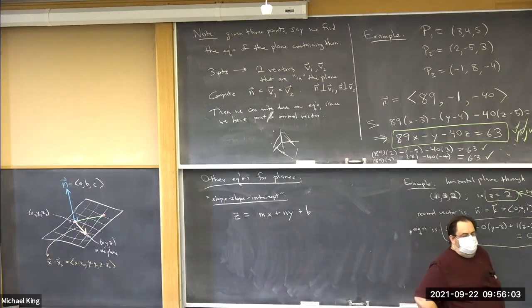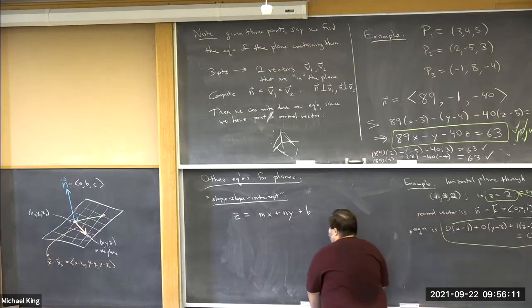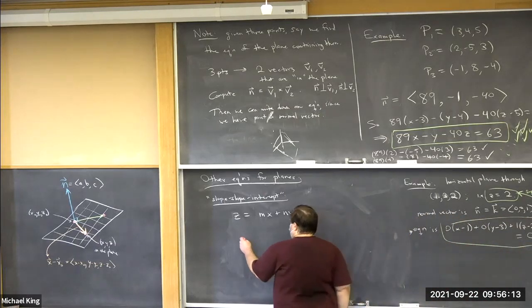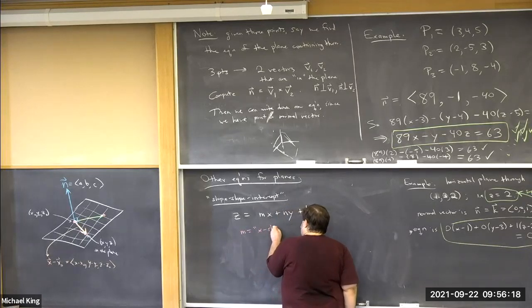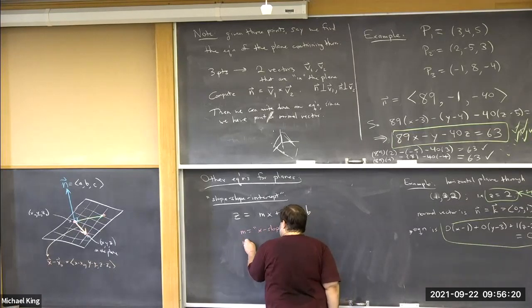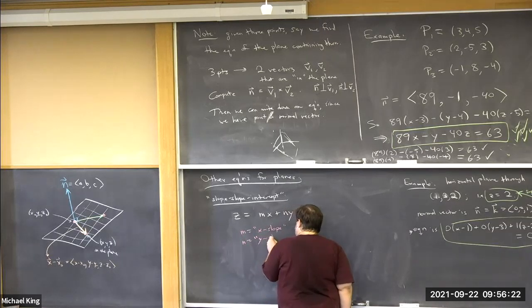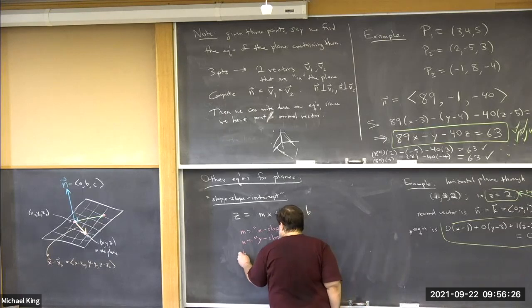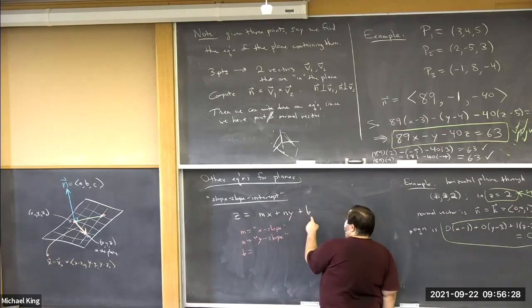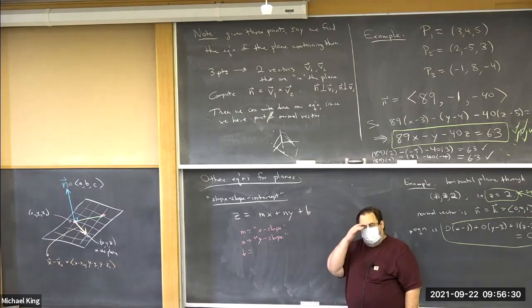Again, this is going to exclude vertical planes. But m is called the x slope, the slope in the x direction. n is the y slope. And then b is the z-intercept, I guess, because the point 0, 0, b is on the plane, that's on the z-axis.